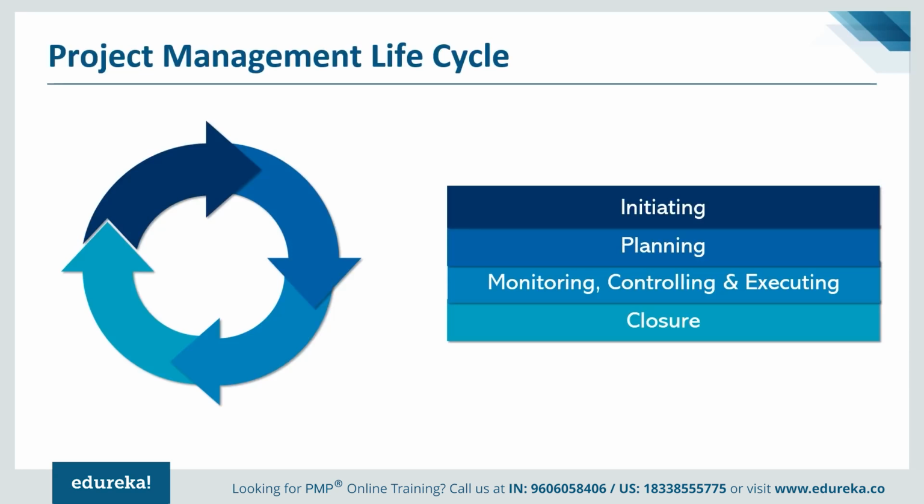So the life cycle stages are followed in every industry, however the names could be different. In each of those life cycles there may be various phases, and these phases can vary from industry to industry.